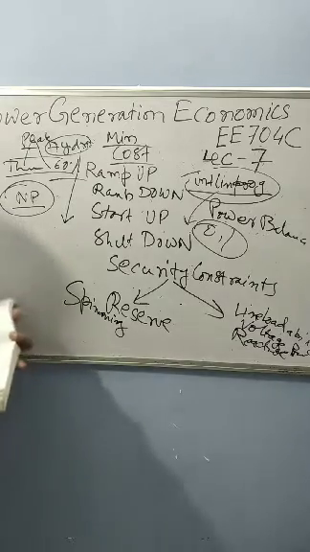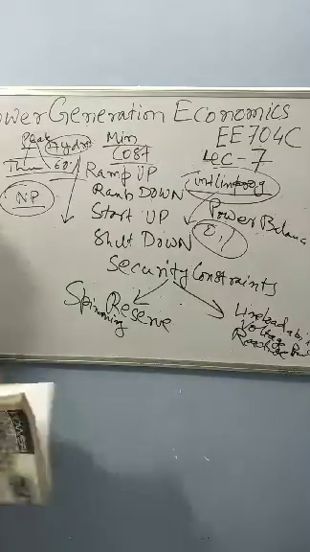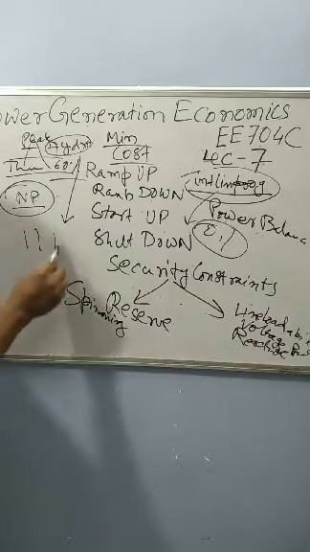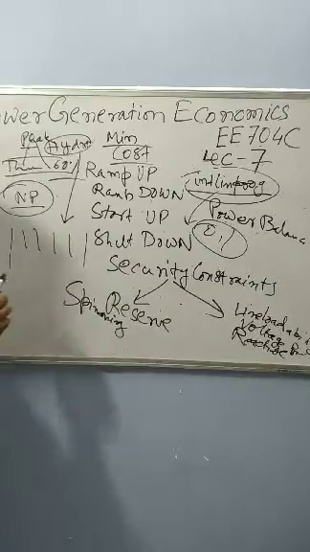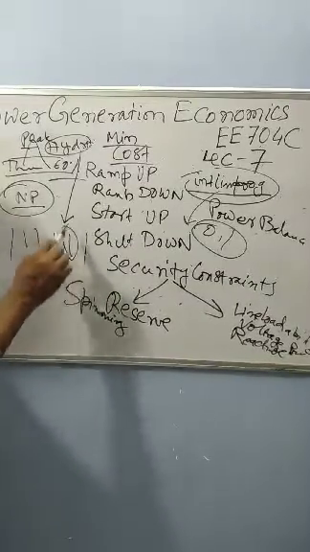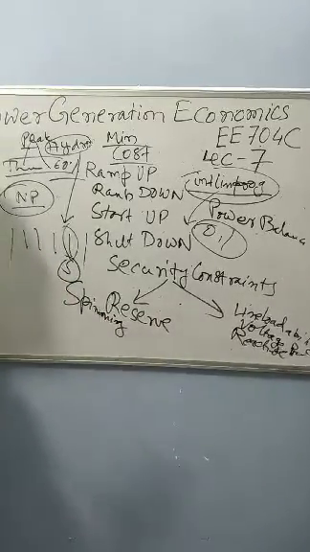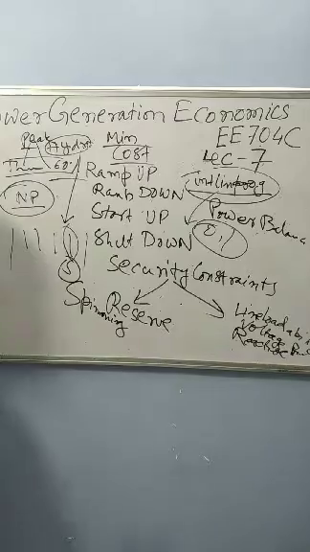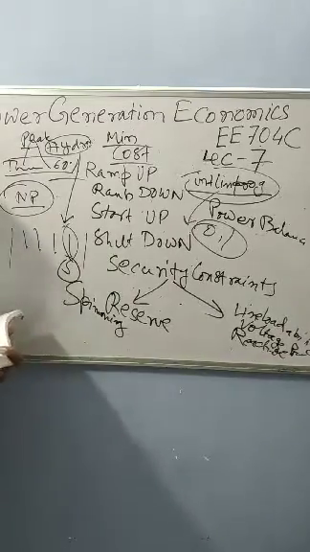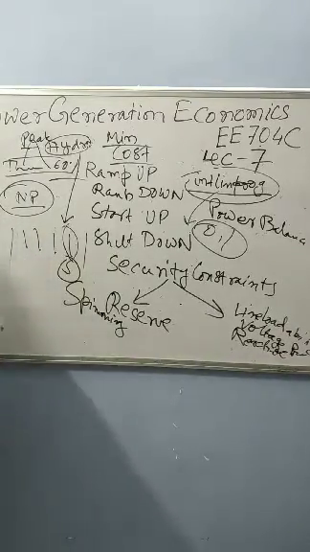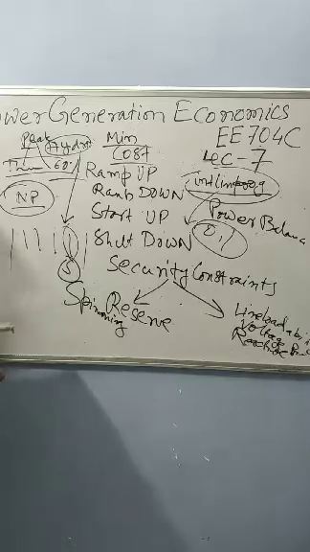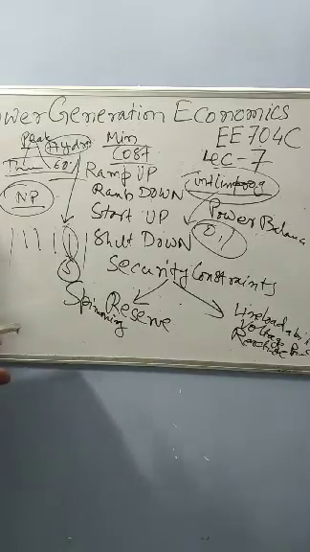Another constraint is must run. If there are 5 units or 6 units in a power plant, let the 5th unit must run always. Now why will it be running all the time? It is for keeping the voltage constant, so that there should not be an imbalance in the voltage.